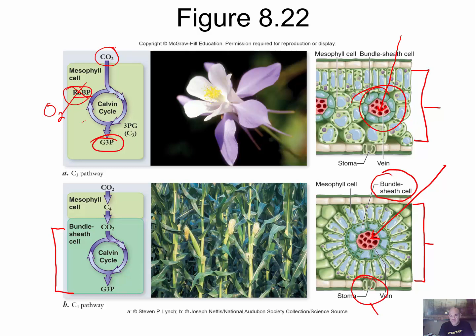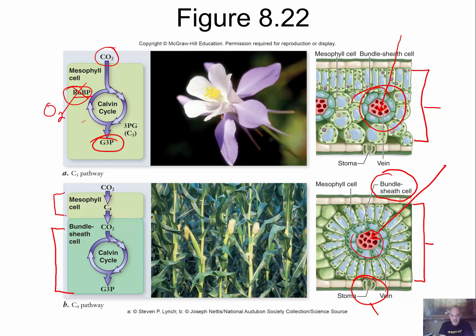So the stomata close, and we have a buildup of oxygen in the area, and there's still a little bit of CO2. Instead of trying to fix whatever CO2 is there onto the ribulose bisphosphate, leave that for the bundle sheath cells that are further inward, and instead we're going to fix the carbon dioxide onto phosphoenolpyruvate to make a 4-carbon compound, which you see over here.